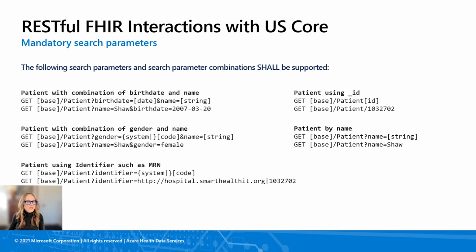Here are a few other examples of RESTful interactions with US Core, so you can see some of the gets and some of the combinations of how you may want to call, particularly a patient. You could do that through several different ways: a combination of birthday and name, using the ID, the patient's name, name and gender.